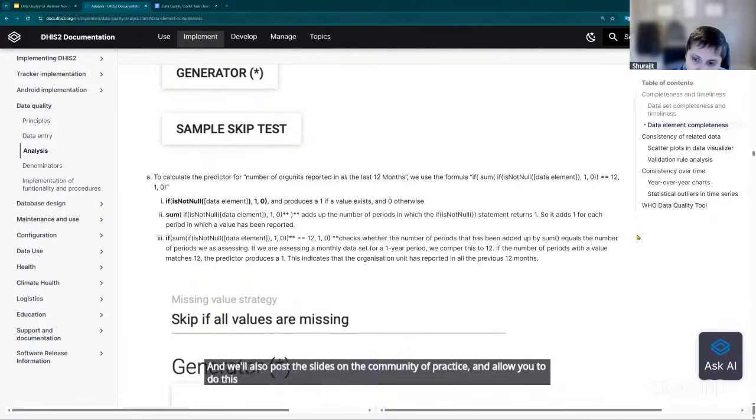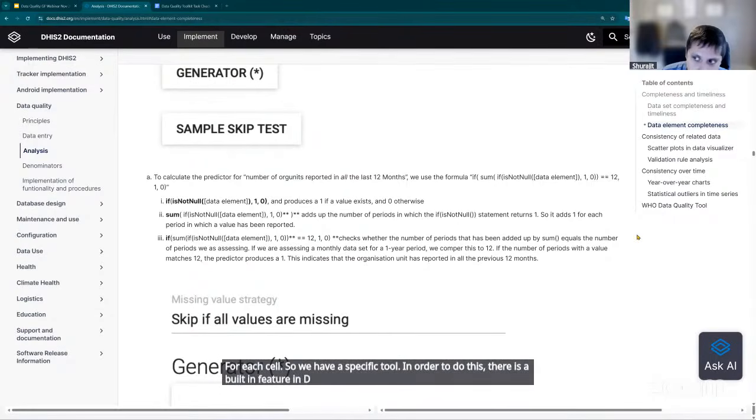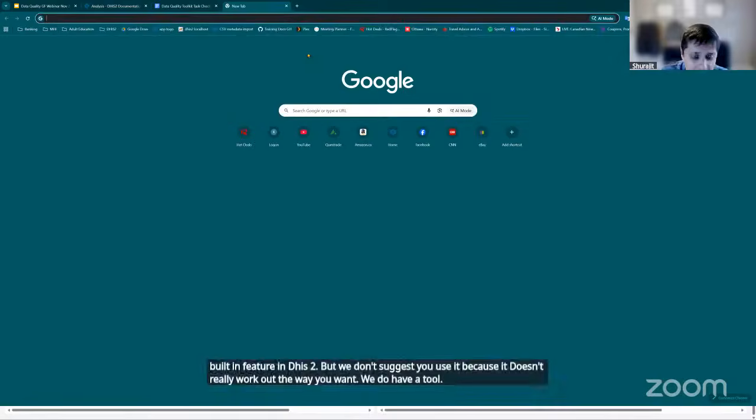There's a final question here about minimum and maximum for each cell. We have a specific tool to do this. There is a built-in feature in DHIS2, but we don't suggest you use it because it doesn't really work the way you want.